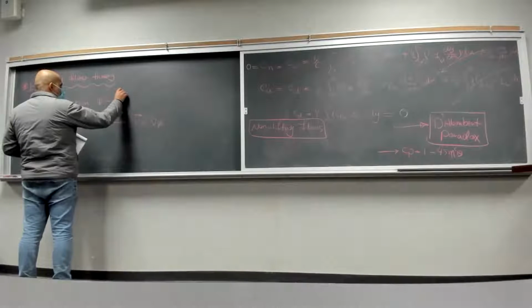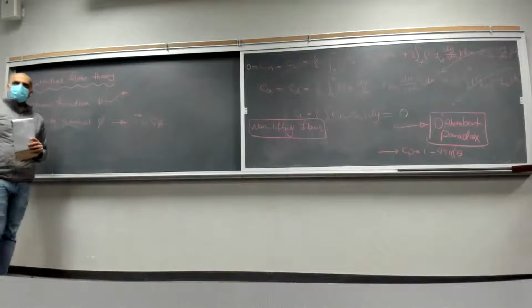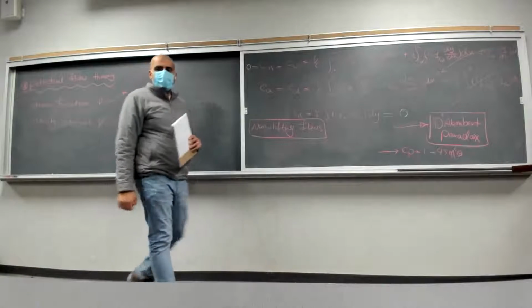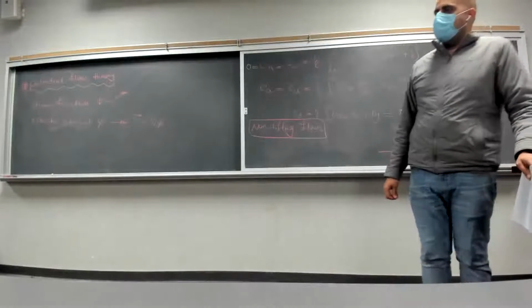What were the equations for stream functions? How did they relate to velocity in a Cartesian coordinate system? Who remembers? Or you can go back to your notes just to refresh your memories.